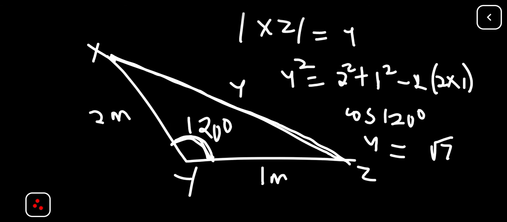But what if you want to use sine rule here? Can you really use sine rule here? Let's just check. I've not done this before, so let's check whether each of them can be used with a particular triangle. One of the conditions for using sine rule is when you have an angle and a side.